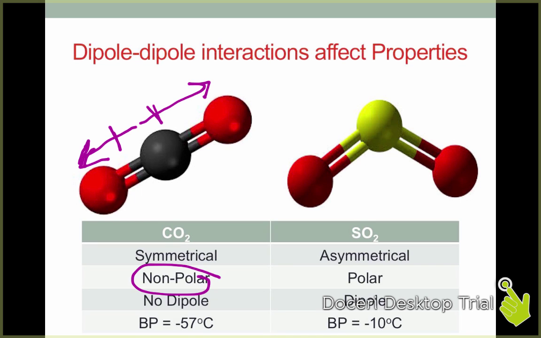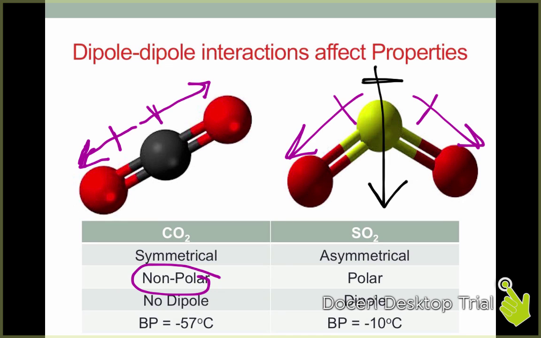It exhibits no dipole-dipole interactions. SO2, on the other hand, does exhibit a molecule dipole. Notice that both bond dipoles are pointing downwards towards the oxygen, so our overall molecule dipole points downwards, indicating a negative end of the molecule at the bottom and a positive end at the top. This makes it a polar molecule, and it exhibits a dipole.